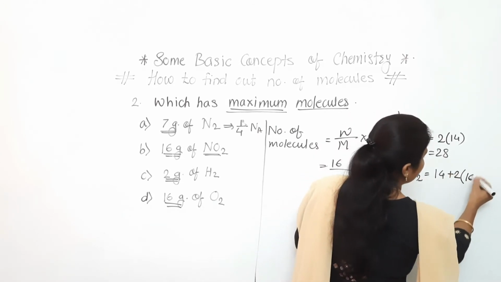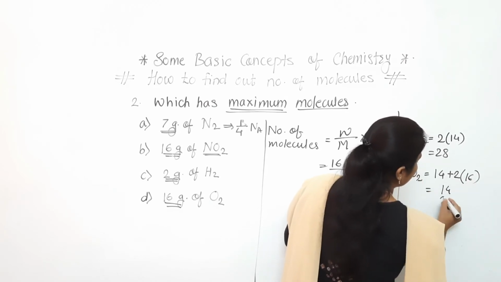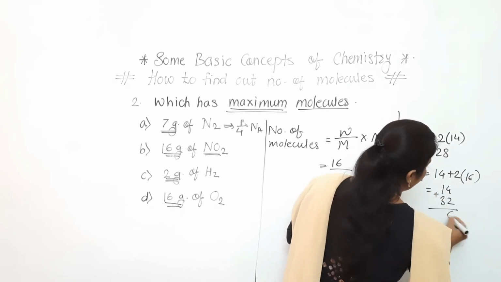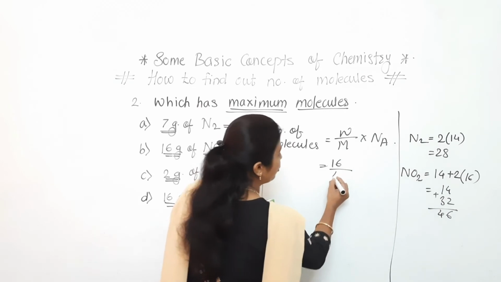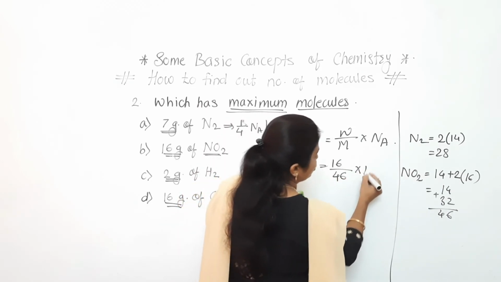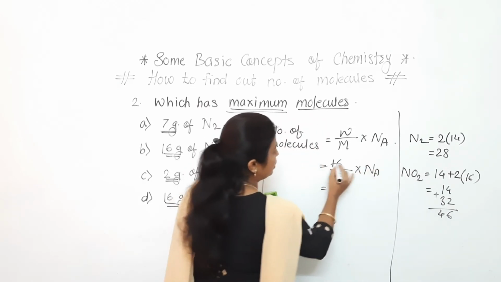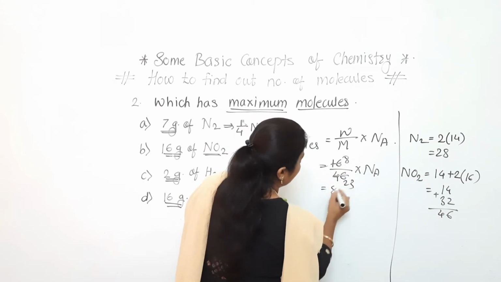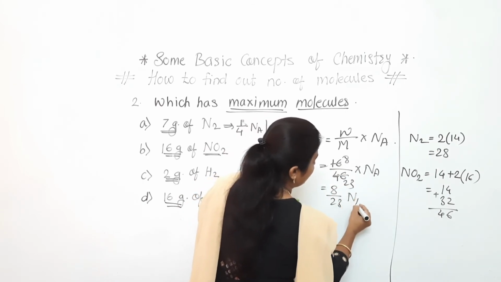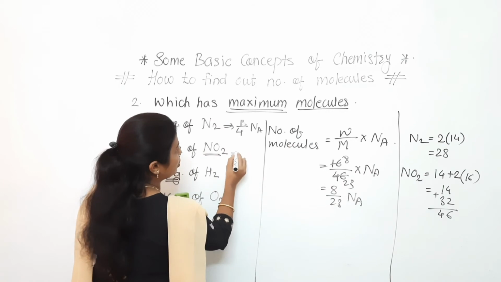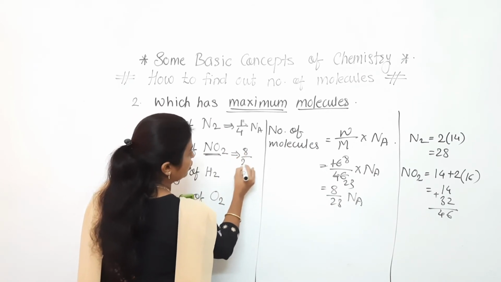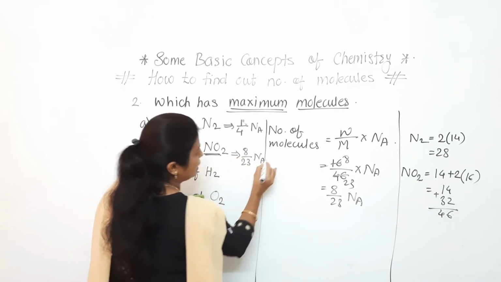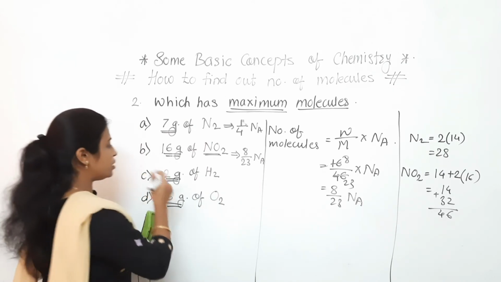Each oxygen has 16. So 14 plus 32, its answer will be 46. Now here we are going to take 46. So what about the answer? It will be 8 by 23 Na. Okay, so here we got the answer, that is 8 by 23 into Na. Clear to you?